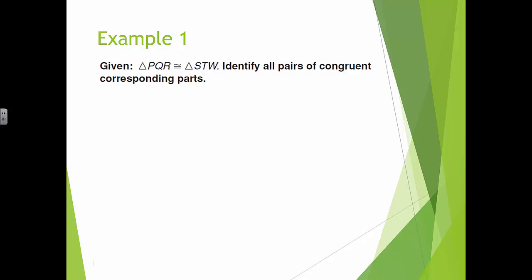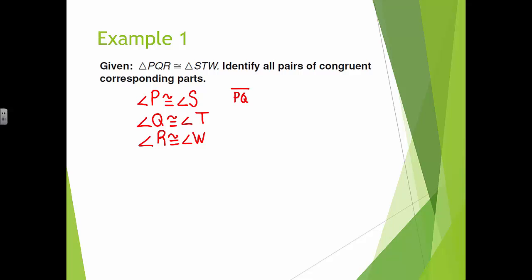So let's try an example here. If they give us a congruent statement, can we identify all of the congruent corresponding parts? Well, sure we can. Because triangle PQR is congruent to triangle STU, we know that angle P is congruent to angle S. We also know that angle Q is congruent to angle T, and we know that angle R is congruent to angle U. Likewise, we can do corresponding congruent sides.